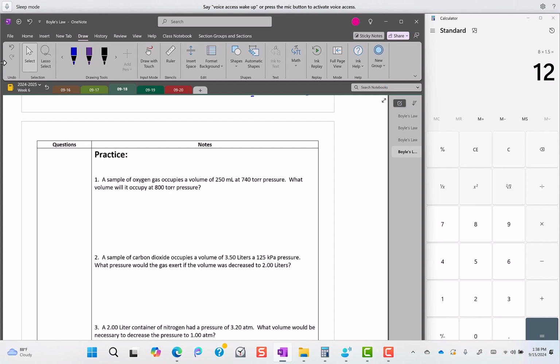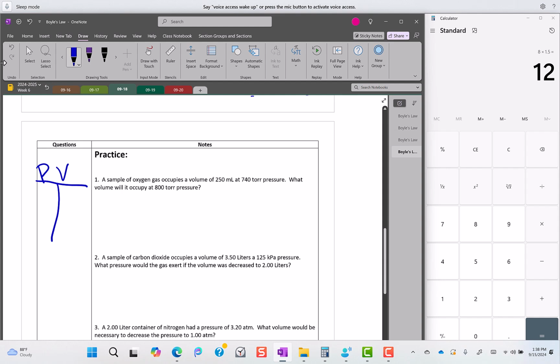So we have a sample of oxygen gas. It occupies a volume of 250 milliliters at 740 torrs of pressure. What will the volume be at 800 torrs of pressure? So go ahead, create our little table over here. Pressure, volume.